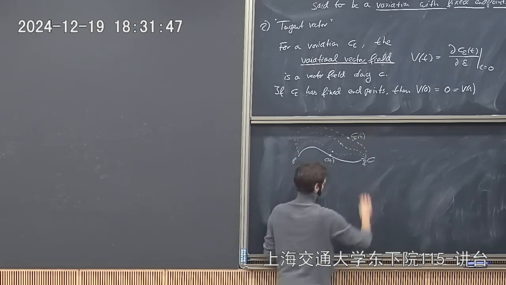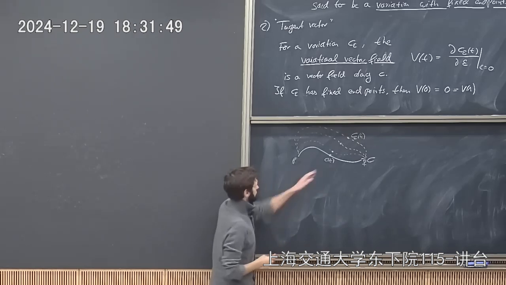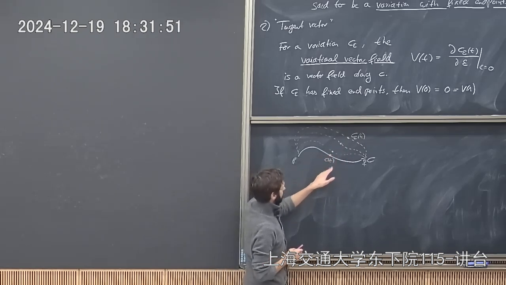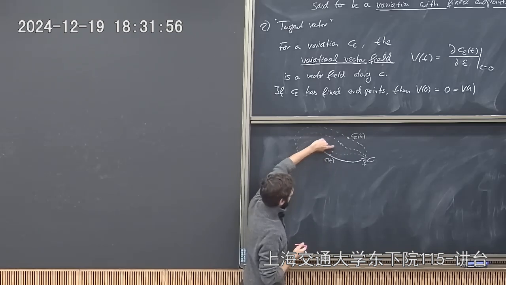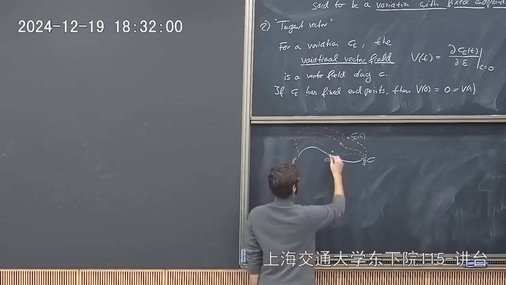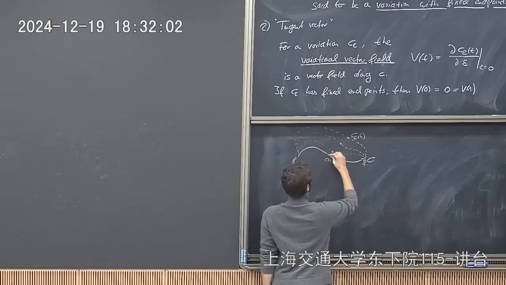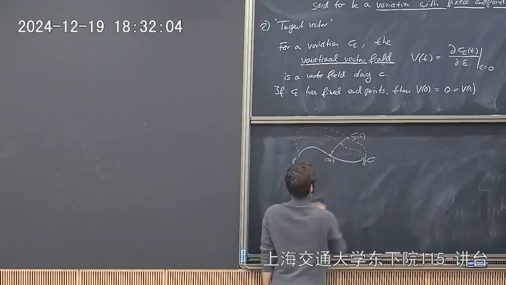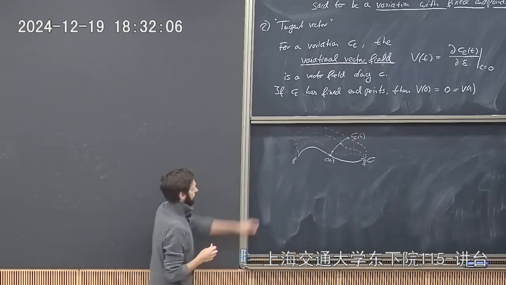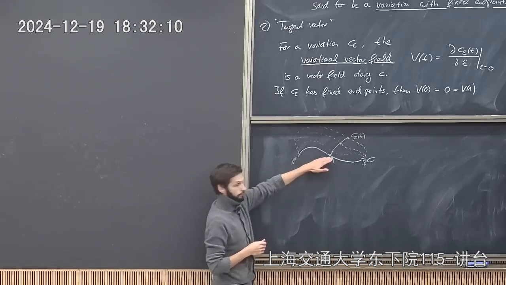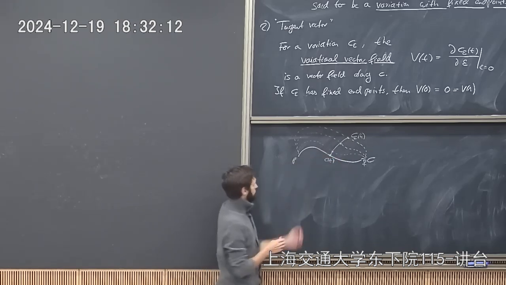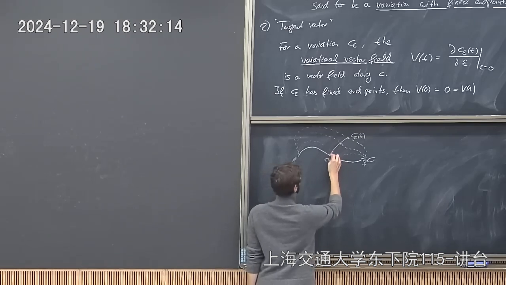So that would be C epsilon of t. For every epsilon we have a line that starts here and goes in this direction. That gives you a curve in S, and then you take the derivative of that curve. That gives you a vector which sits at that endpoint.